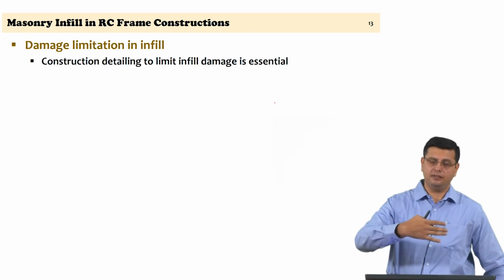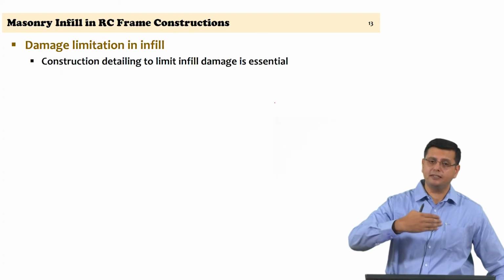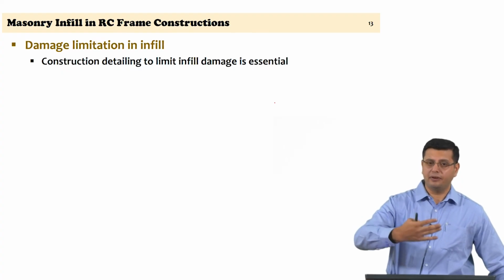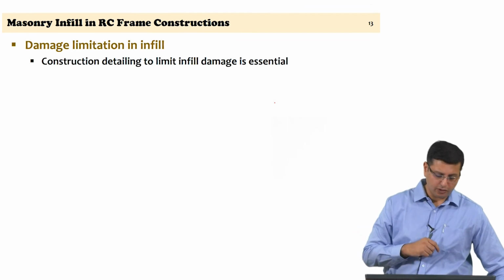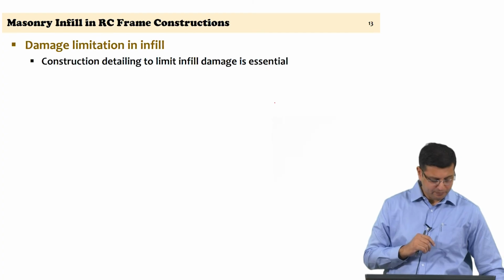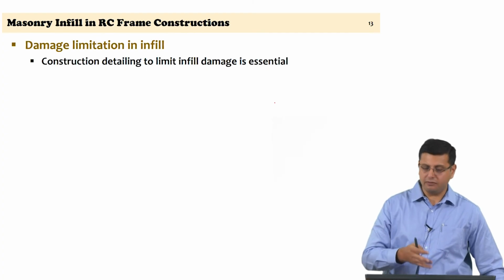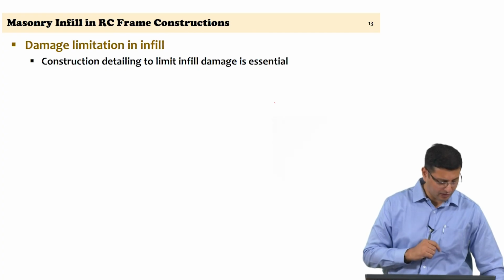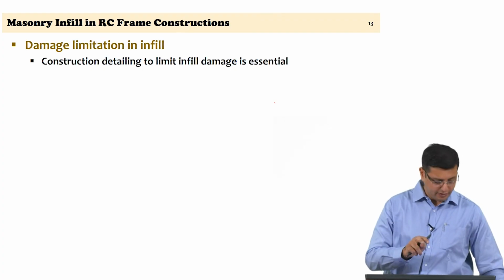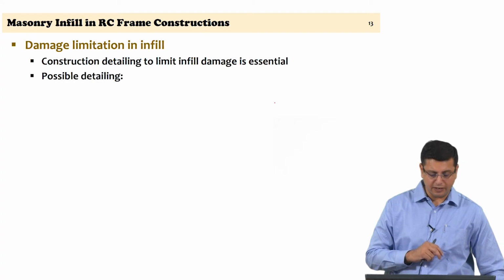Now, this is meant to limit the out of plane deformation of the infill panel, actually prevents the expulsion of the infill panel in seismic areas. So, there are detailing requirements which actually take into account damage limitation in infill panels.